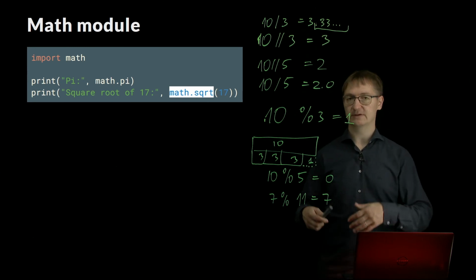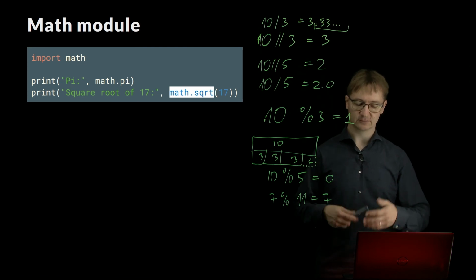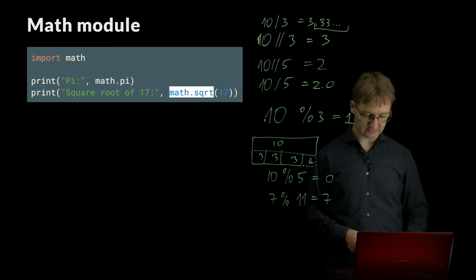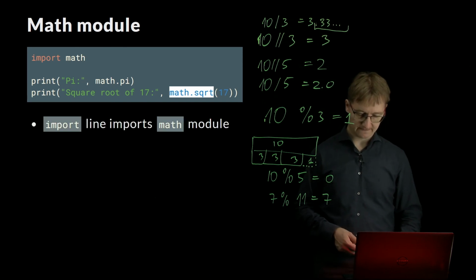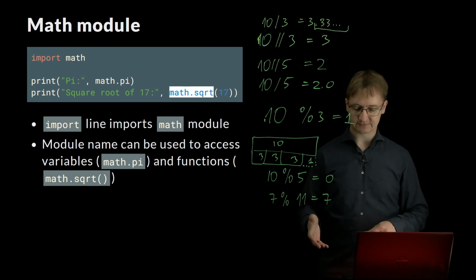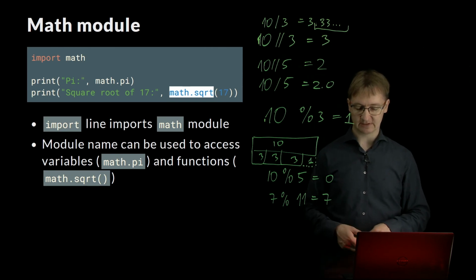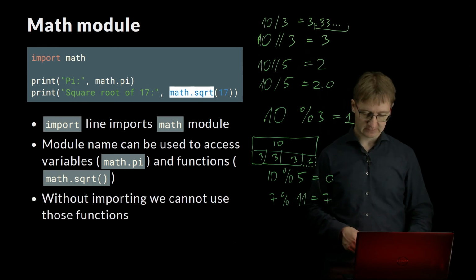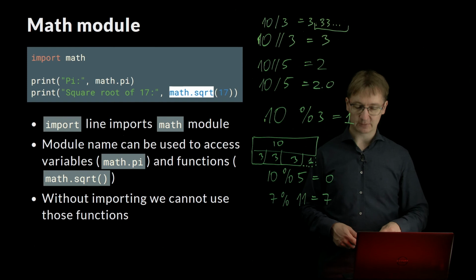So after we import some module, we can use this module in our code to access different functionalities and so on. And yeah, we can access variables from this module, for example pi here, and functions, for example square root in our example. Without importing, we cannot use those functions.